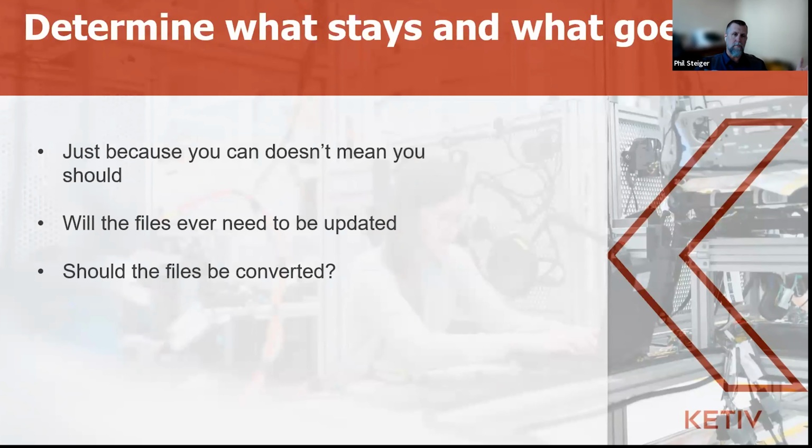So now it's time to determine what stays and what goes. And I think this is the hardest part for any business to make that decision. What files are important? What files need to go into your PDM solution? I'm a big advocate that all engineering data should be put into one system and in one location, because it's about time.